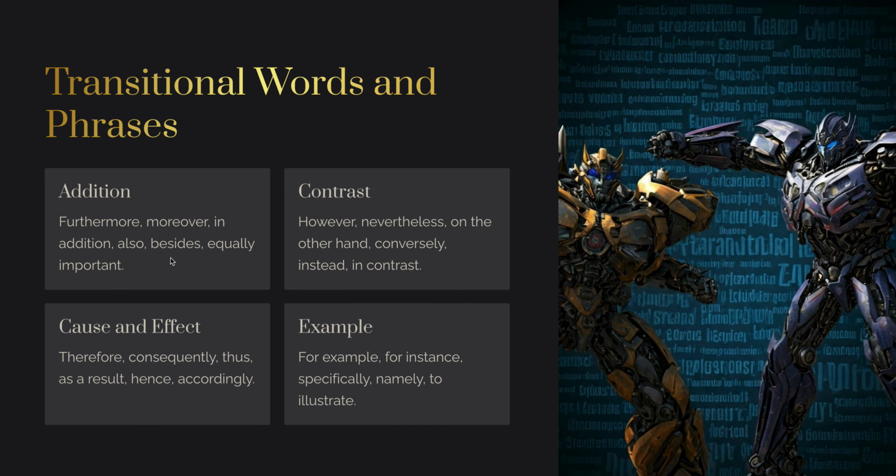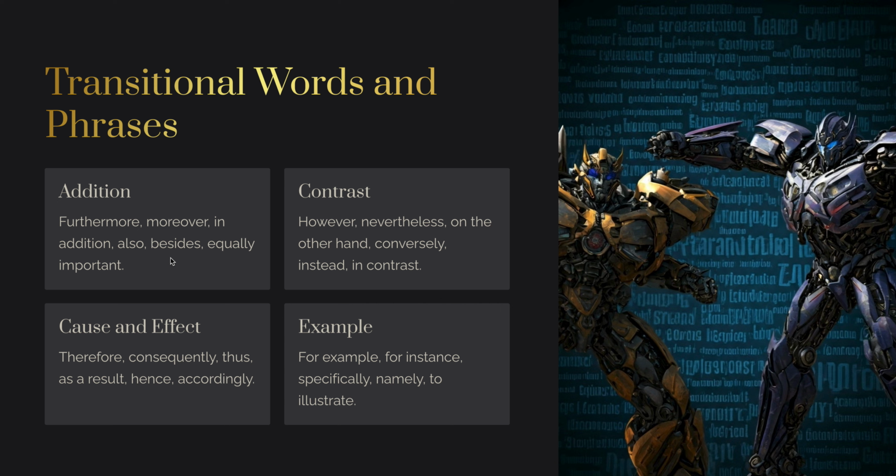Words and phrases. If you're adding to a point, so someone's given a quote, someone has said something, and you want to add to it, you say furthermore, moreover, in addition, also, besides this, equally important. Any of these are great ways to start the sentences. If you're disagreeing or contrasting something: however, nevertheless, on the other hand, conversely, instead, in contrast.